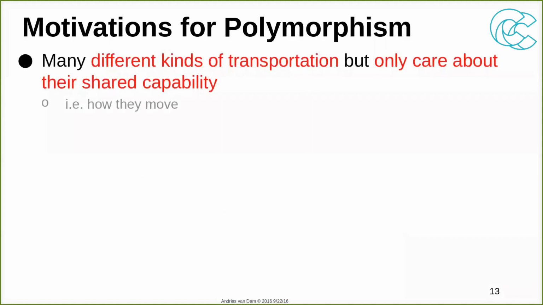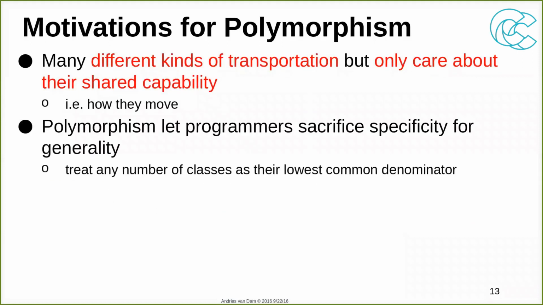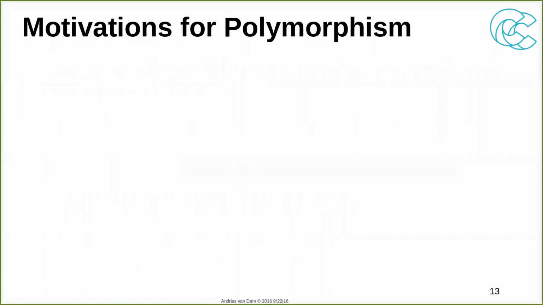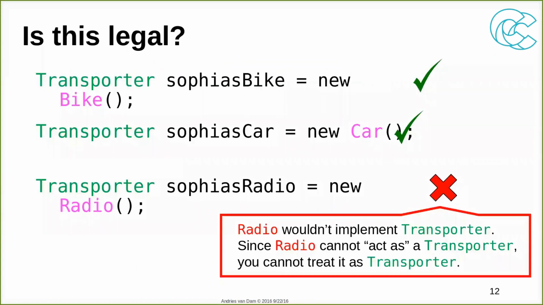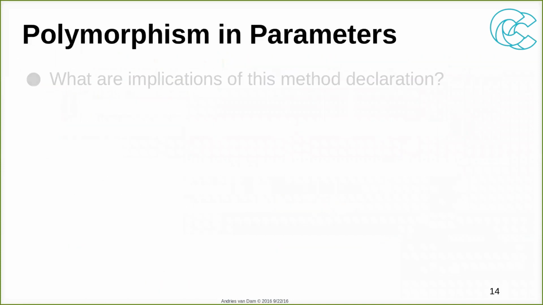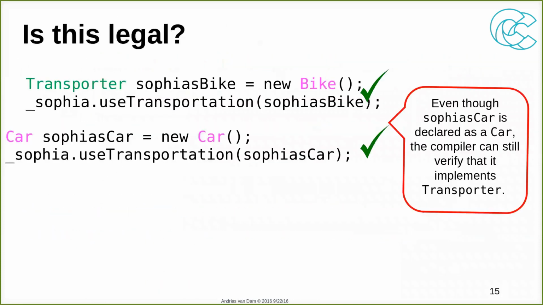Sir, in that example, when we used Sophia's car equal to new car and then passed it into the method, does it get typecast into the transporter type? Let me go back to the slide that I was on.